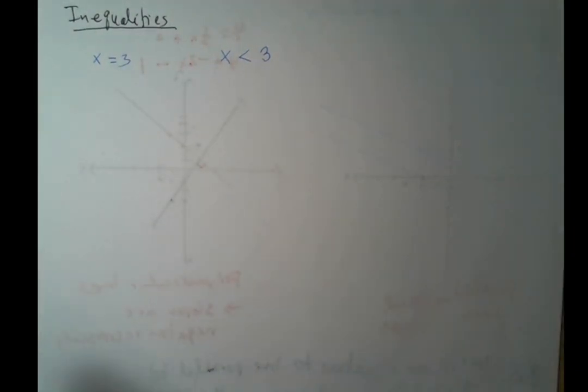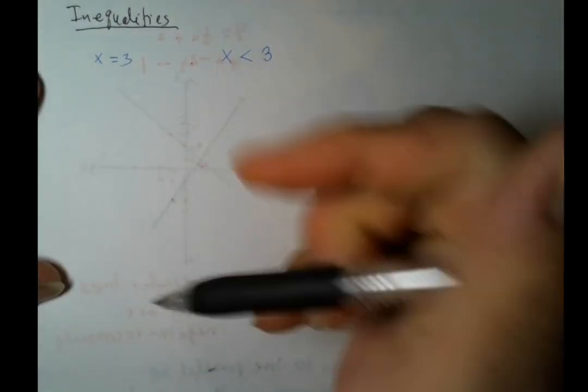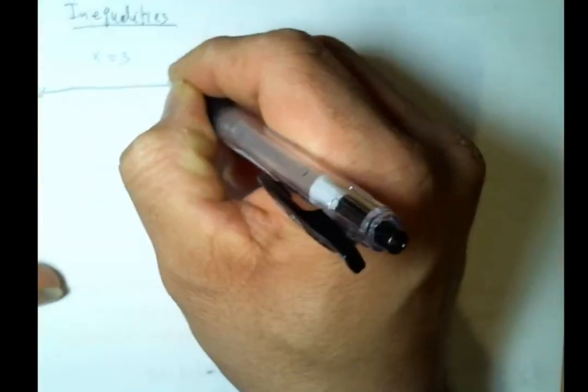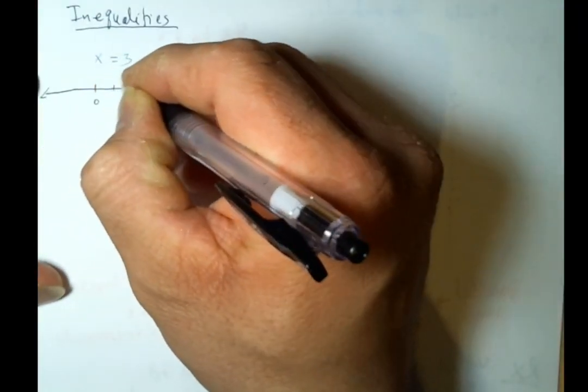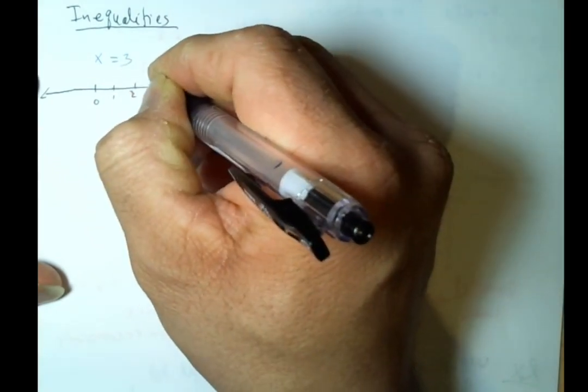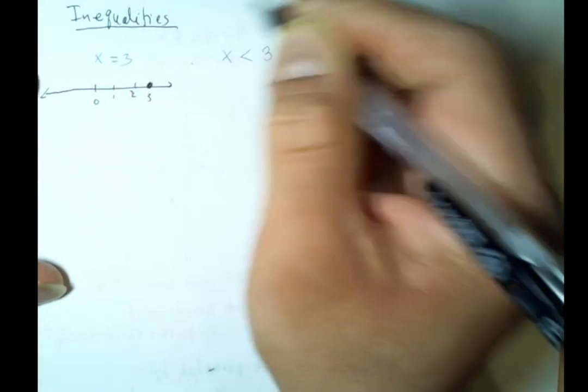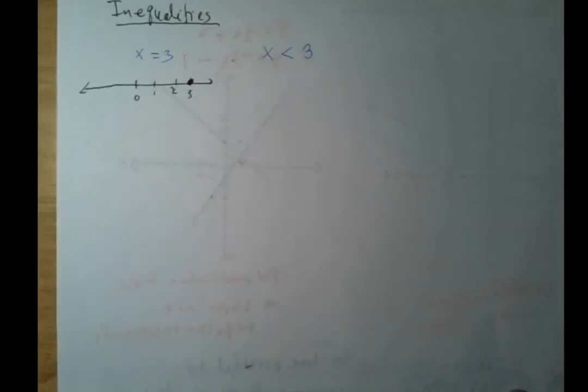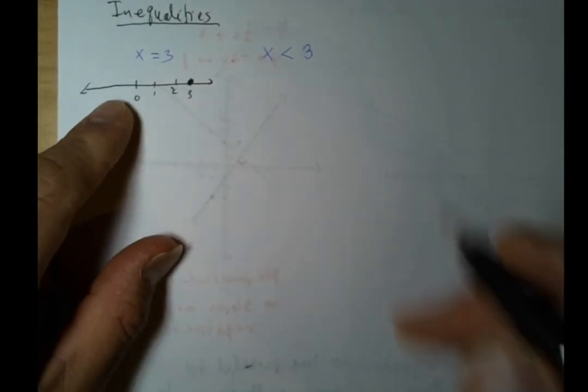If we think of it in terms of a number line, this is 0, 1, 2, 3. We would just have the value of 3 satisfying this equality.